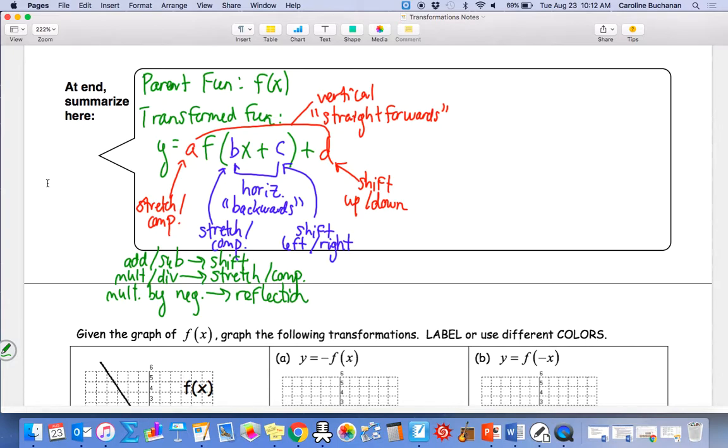If you'd like to summarize the reflection further, when you have the negative with the x, you're changing the x values, which means you're going to flip over the y-axis. When the negative is out front, or with the y, that's affecting the y values, which means that the y values change and the graph is reflected over the x-axis.